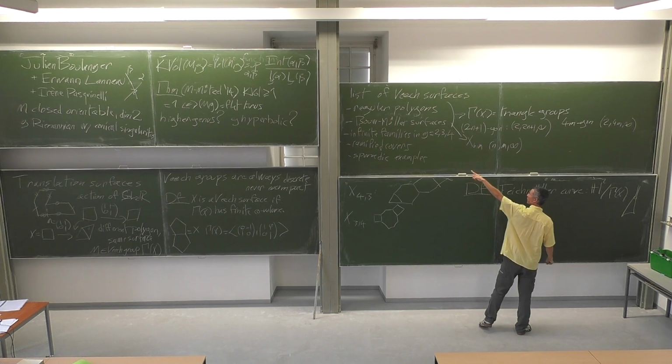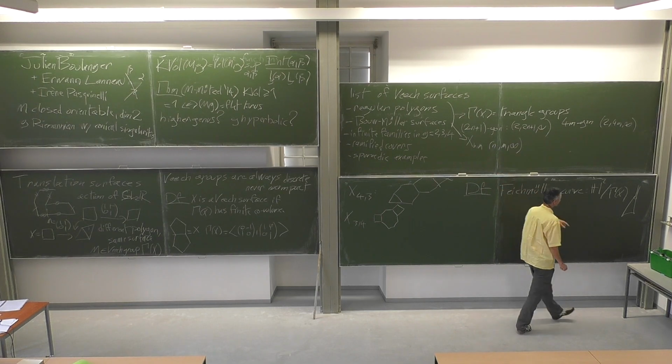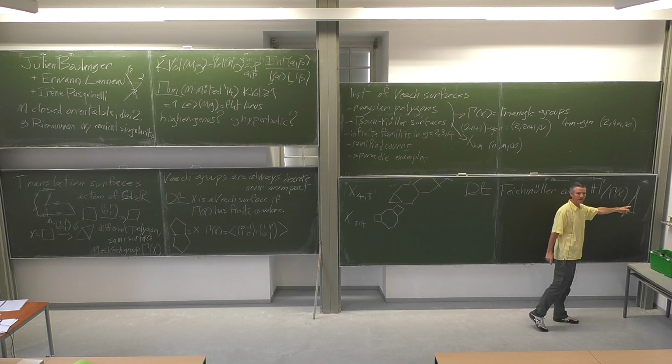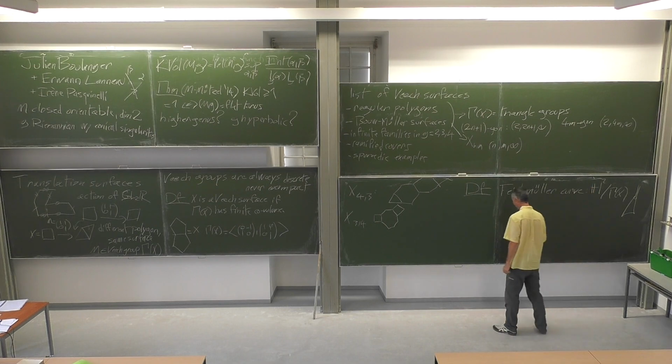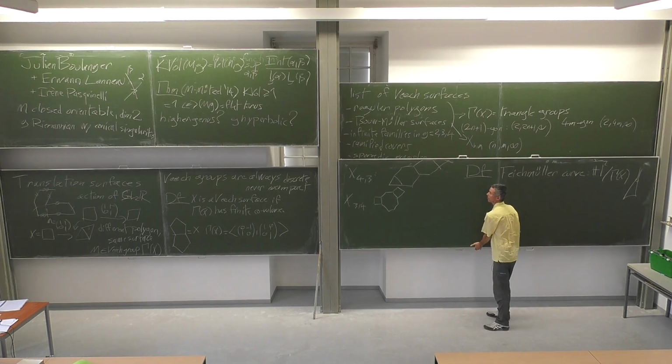So in all the examples I'm going to look at, since this group is a triangle group, or almost, the Teichmüller curve is going to look like this, with one cusp and some special points with lots of symmetries. Okay.